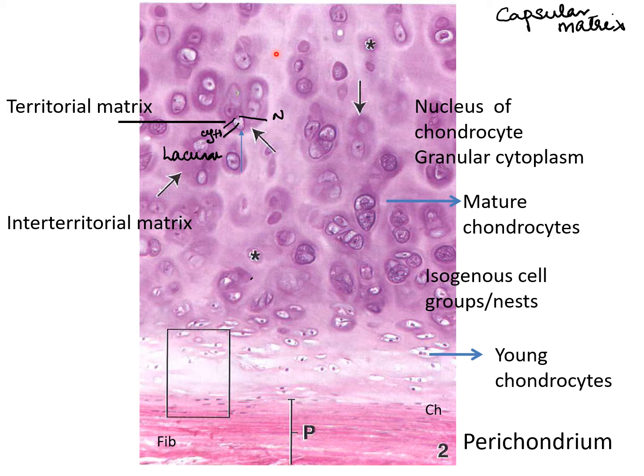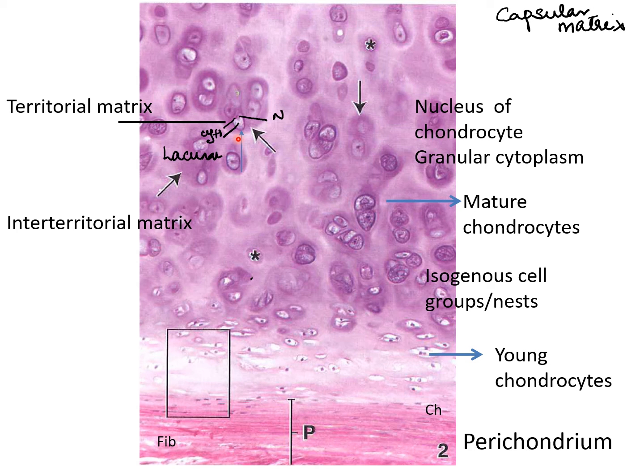And even further, in between here, where the concentration of glycosaminoglycans is the lowest, this area is known as the interterritorial matrix.